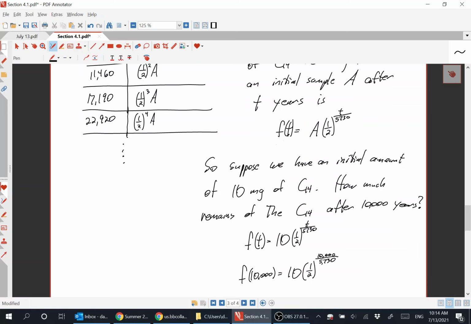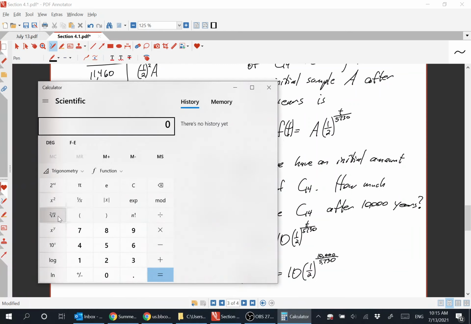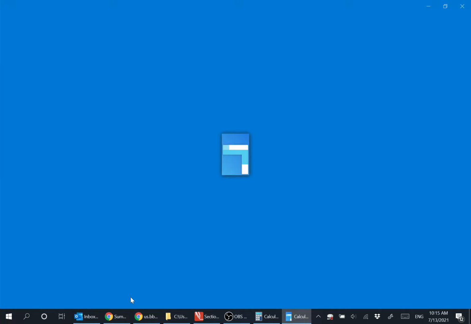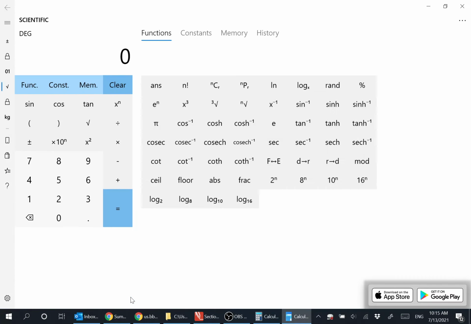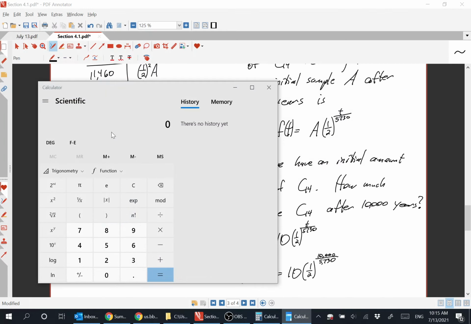So how do you deal with exponential functions on your calculator if you have not done so already? Here is something that may look like the calculator you have. This one is more like a graphing calculator.